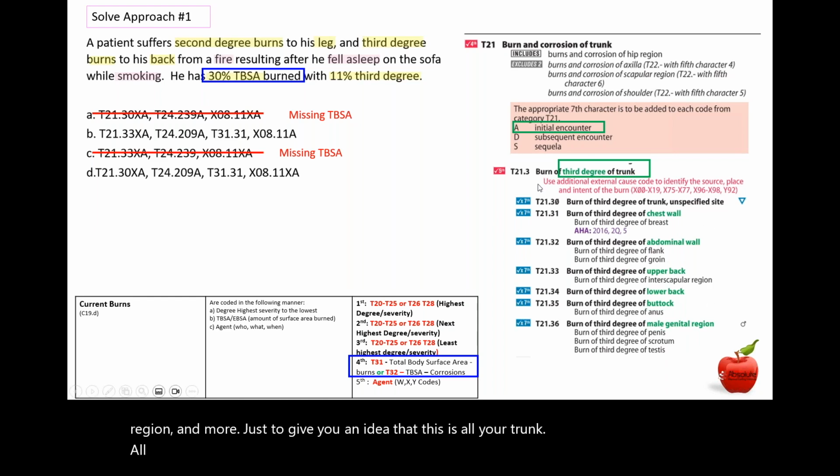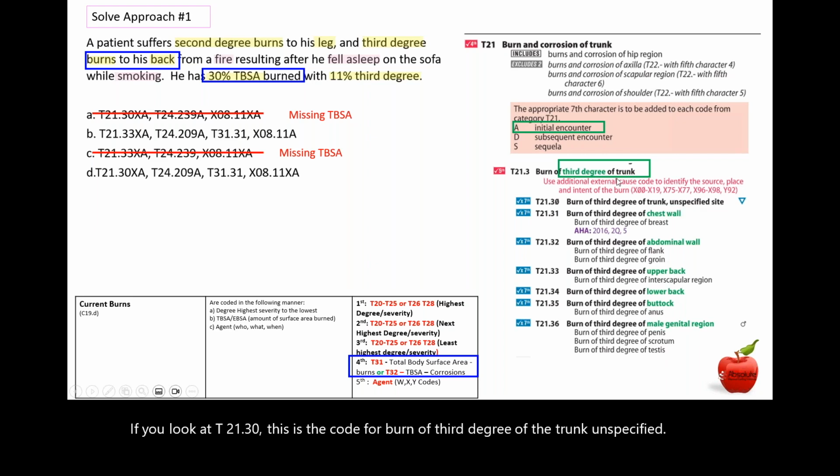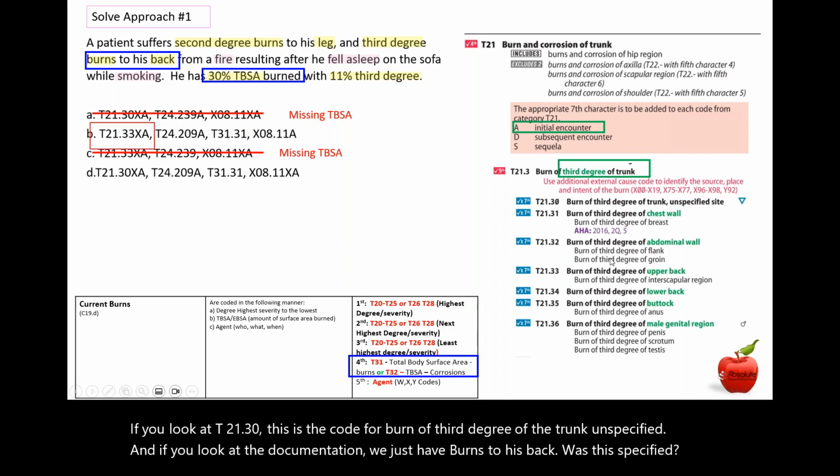All right. Now that I put it that way, if you look at T21.30, this is the code for burn of 3rd degree of the trunk unspecified. And if you look at the documentation, we just have burns to his back. Was this specified? Huh.